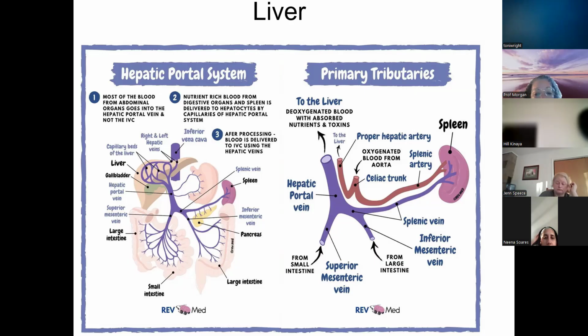So again, the blood's going to go through the hepatic portal system and then into the liver where it's detoxified, and then it'll either go back into circulation or into the inferior vena cava where it will be removed from the body.